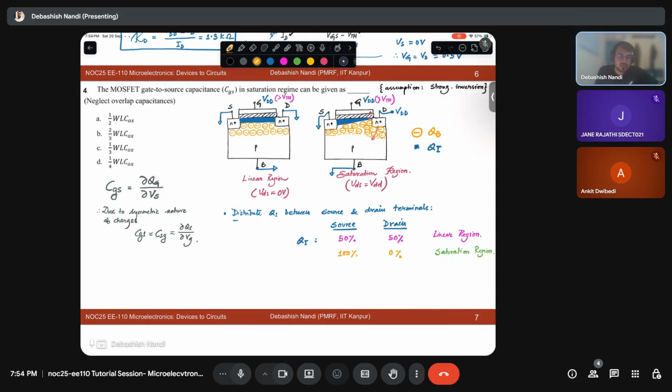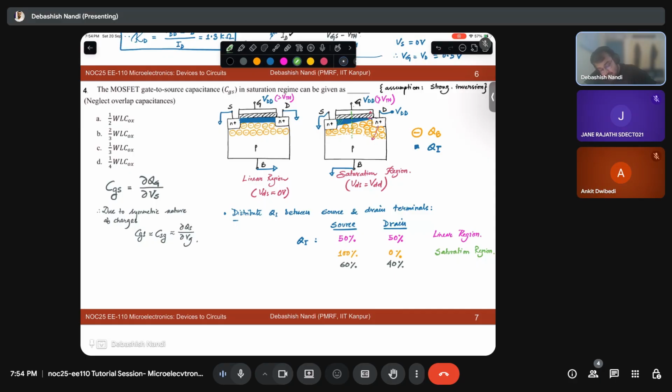Okay. But a more accurate picture is 60% on the source side and 40% associated at the drain side, because your surface potential midpoint or the channel midpoint, what we call it as this location, right?